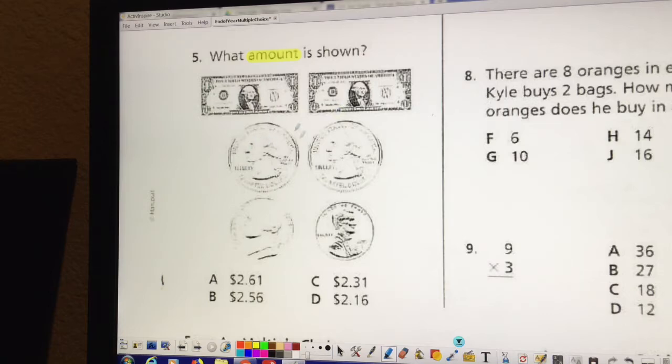This looks like a quarter, another quarter. This looks like a nickel. And then this looks like a penny. Okay, so first you're going to have to put how much a dollar is, how much a quarter is, how much a nickel is, how much a penny is, and then you're going to have to add them up to see if your answer is A, B, C, or D.